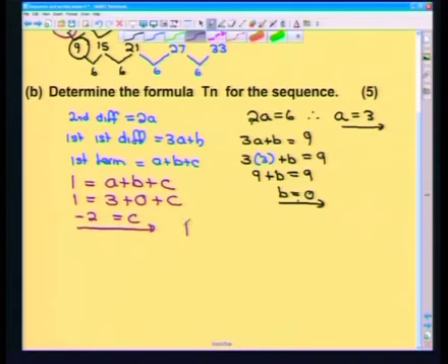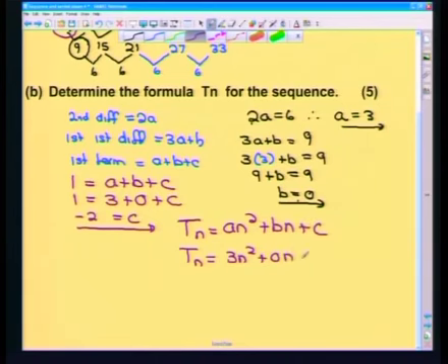So right, what do we know? We know the formula is Tn is an squared plus bn plus c. So the formula would be Tn equals, the a would be 3n squared. This would be 0, well, let's write it in so you can see it. And the c is minus 2. So that becomes 3n squared minus 2.